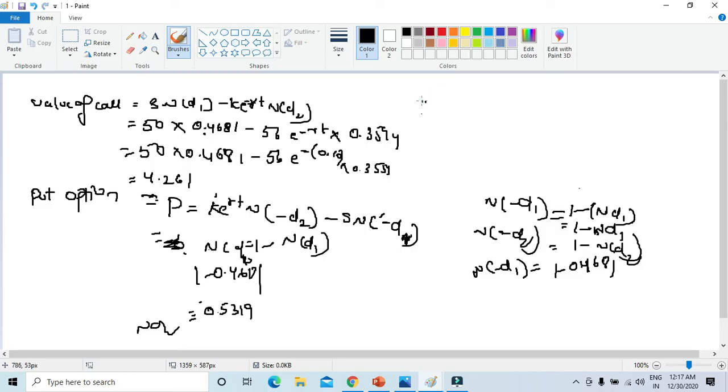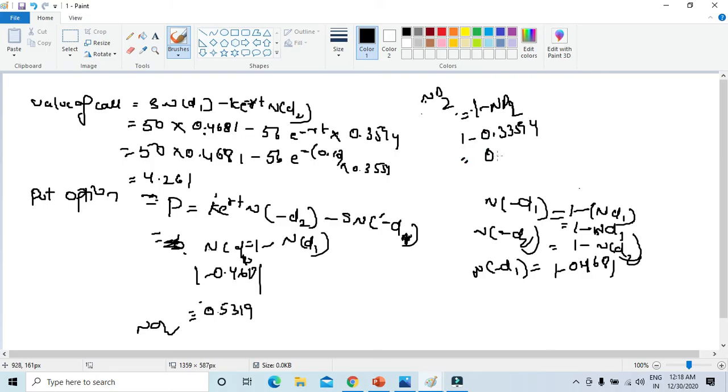N(-d2) is equal to 1 minus N(d2). Here we got one value, the other one is N(d2). 1 minus N(d2), how much will it come to if you calculate it? 1 minus 0.33594.